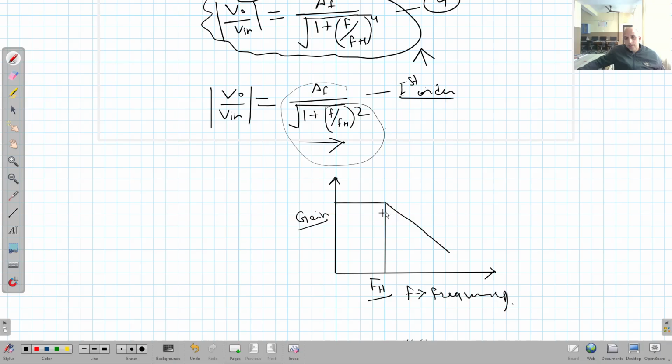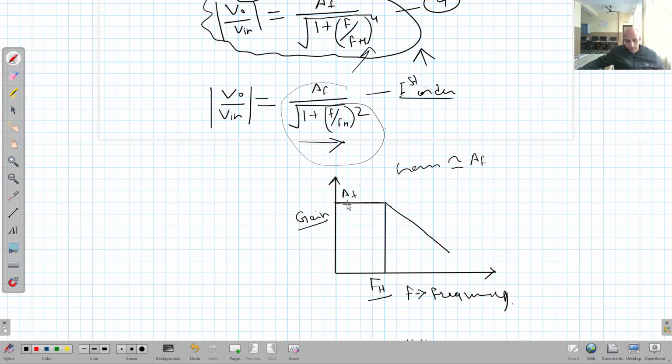Clear? When F is less than FH, then gain is nearly equal to AF. Clear? Gain is nearly equal to AF. But as F is equal to FH, so again you will put it in this equation, F is equal to FH. So again the same thing, it will become AF divided by under root 2. So at this point, the gain will be slightly low.